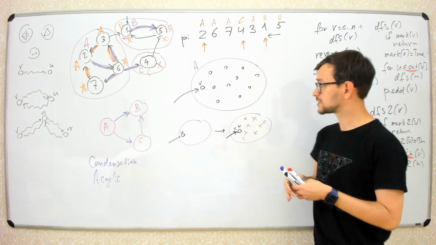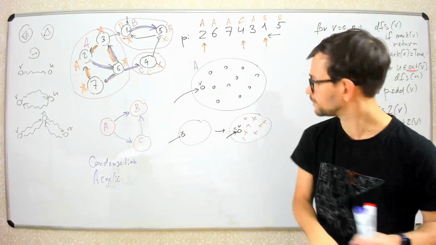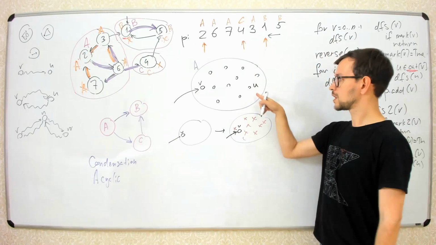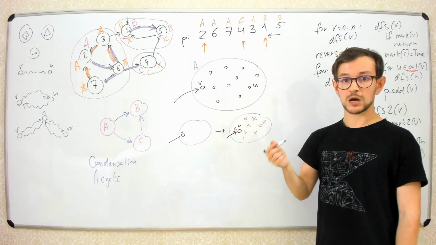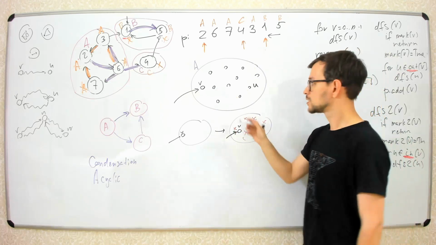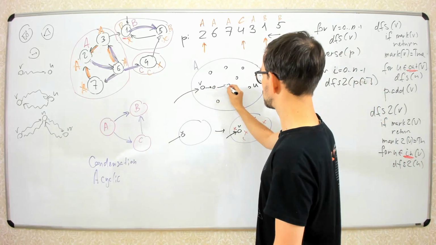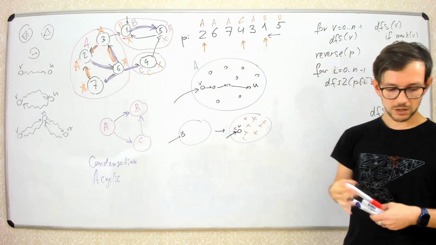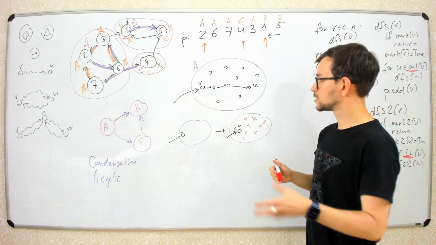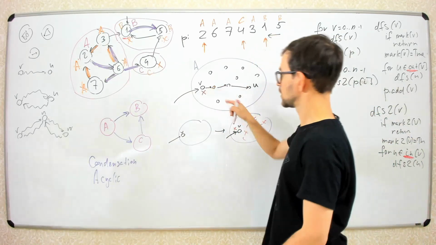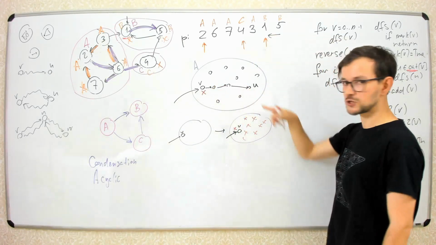Let's prove this. It's simple. Let's take some node U inside this strongly connected component. Since it belongs to the same strongly connected component, there must be a path from V to U. So when we exit V, V is marked, but suppose U is not marked.